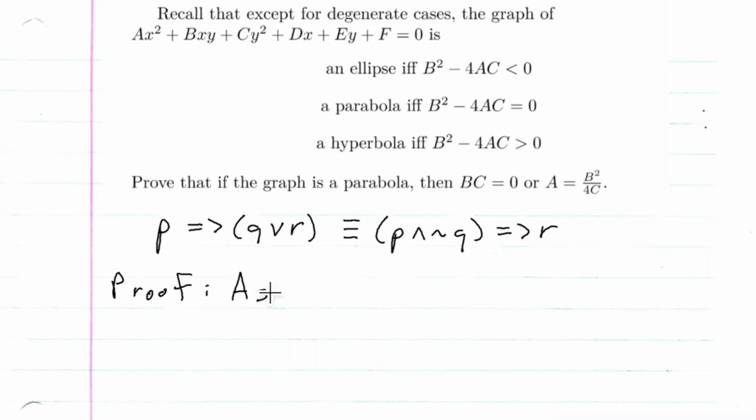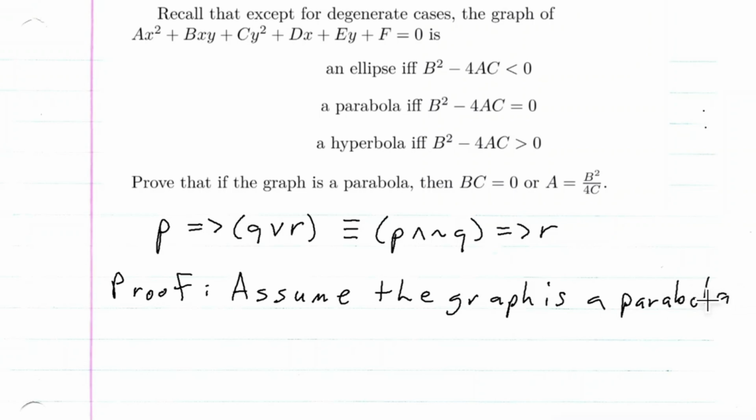So we're going to assume that the graph is a parabola, and that, so the negation of this would be BC is not equal to 0.